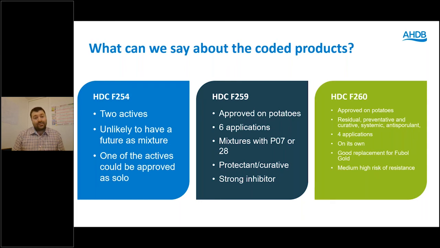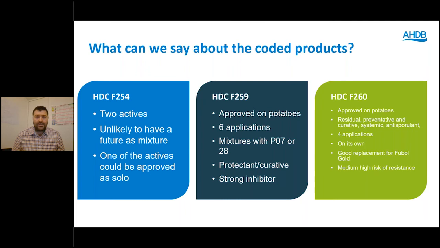F254 is a product of two actives. We believe that's unlikely to have a future as a mixture. We believe that potentially only one of the actives could be approved as a solo product going forward. And if that happens, I think AHDB are in communication with the manufacturer. That could be a very useful option.